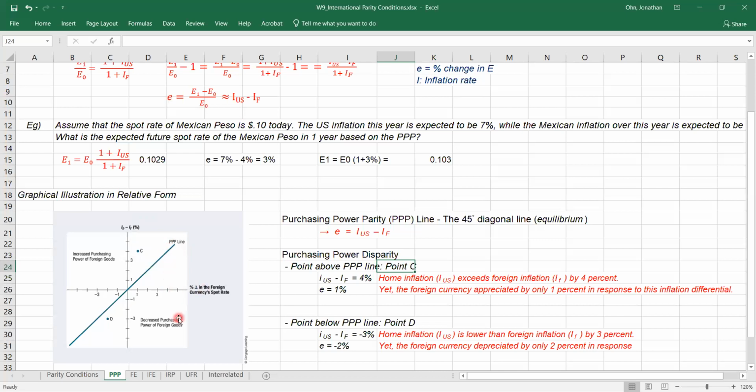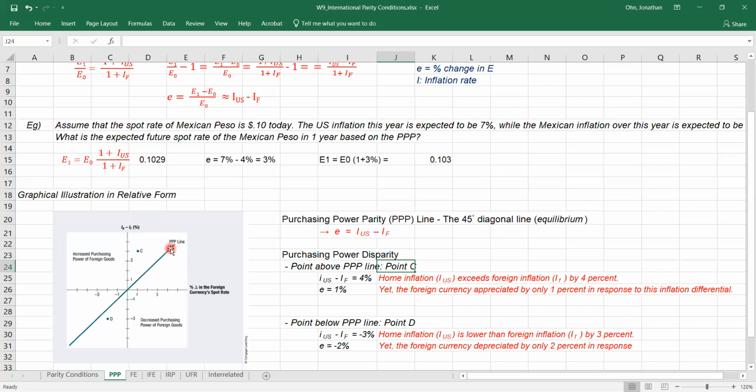In this case, our expectation is that this currency will continue to appreciate until it hits the purchasing power parity line.